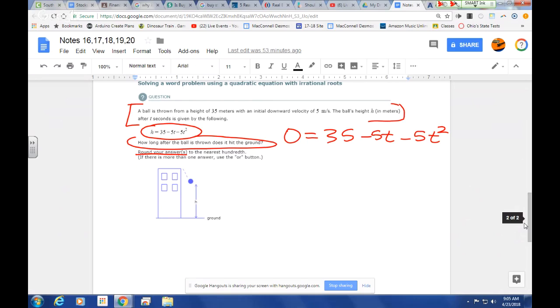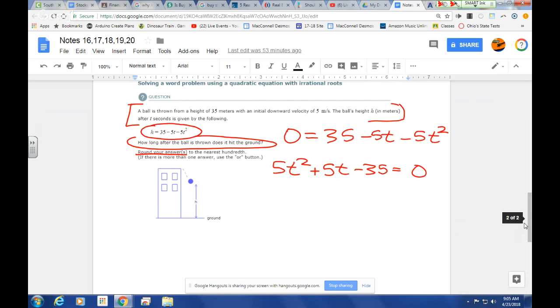A lot of times, personally, I like my squared value to be positive, but when you're using quadratic formula, it doesn't really matter. But let's do that. So if I move everything to the other side, if it was positive, it's now negative, and if it was negative, it's now positive, and then I put them in order. Okay.